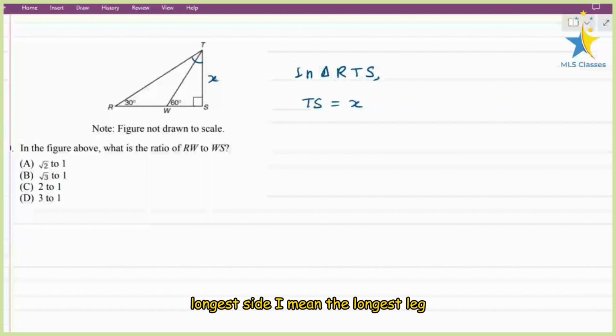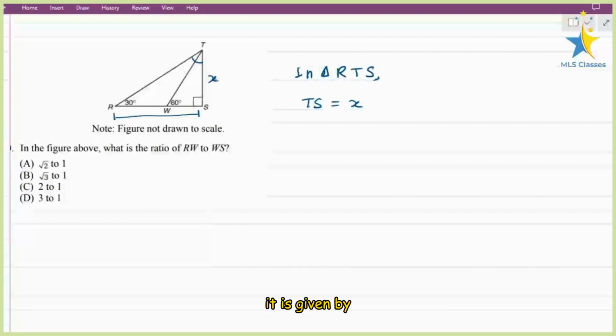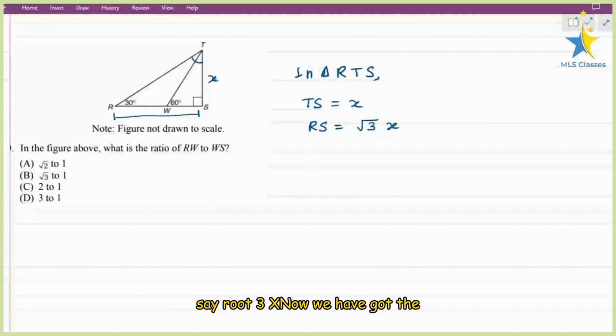Then we know that the longer leg of the right angle triangle for 30, 60, 90 is given by root 3 times the shortest side. So we can say RS is root 3x. Now we have the value of RS, and we need to find the value of WS.